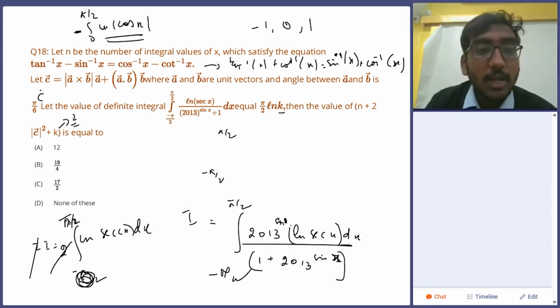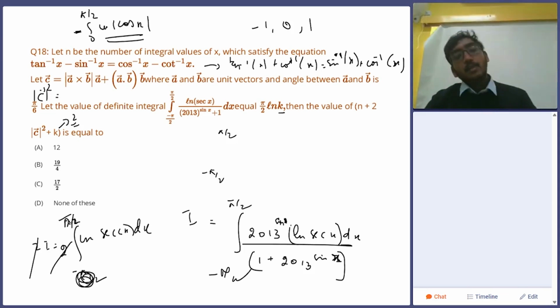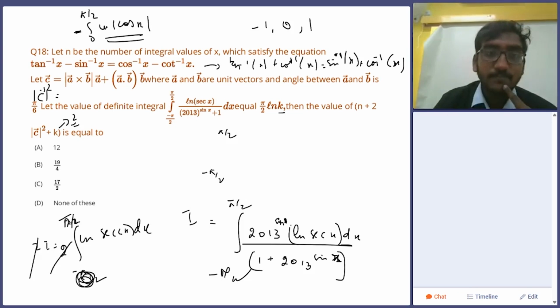So what will be c square? Sin square theta mod a square plus cos square theta mod b square, right? Mod a square and mod b square are 1.